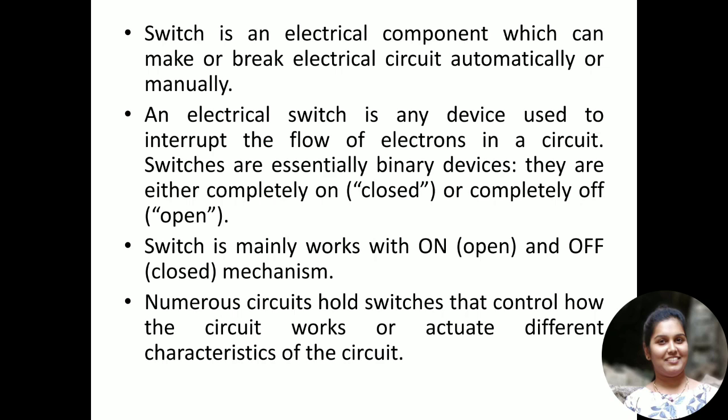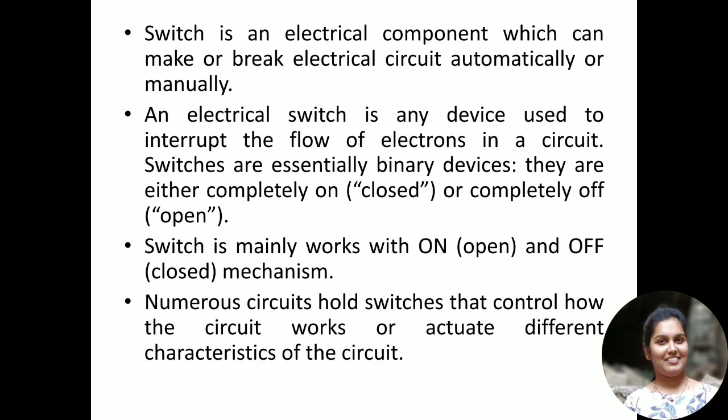A switch will stay in either of 2 conditions, like in Boolean or digital electronics we say on and off, or 0 or 1, or low or high. We talk in these terms in digital electronics. Likewise in switches, a switch either stays in the on position, that is the closed loop condition, or in the off position, that is the open circuit condition.